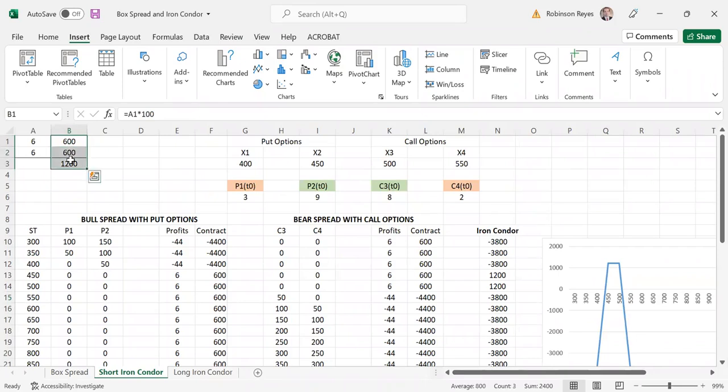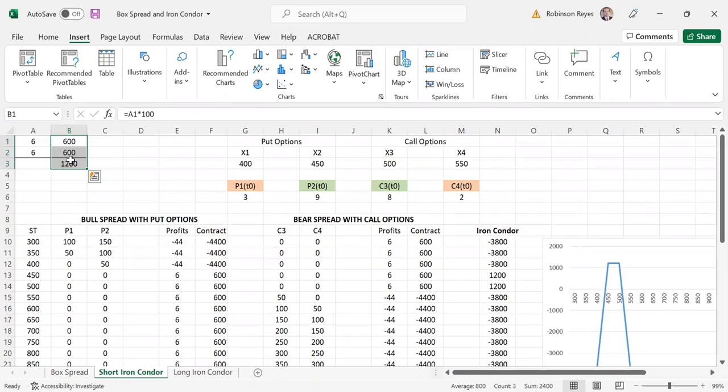with the 1200. So that is important. When you form the iron condor, you get the 1200. So this is a very important thing. So you end up with $1,200 in your pockets. Now, if the price of a stock remains there or remains within this range of values that give you the maximum profits for this iron condor, you just keep that money that you collected when you formed the iron condor.